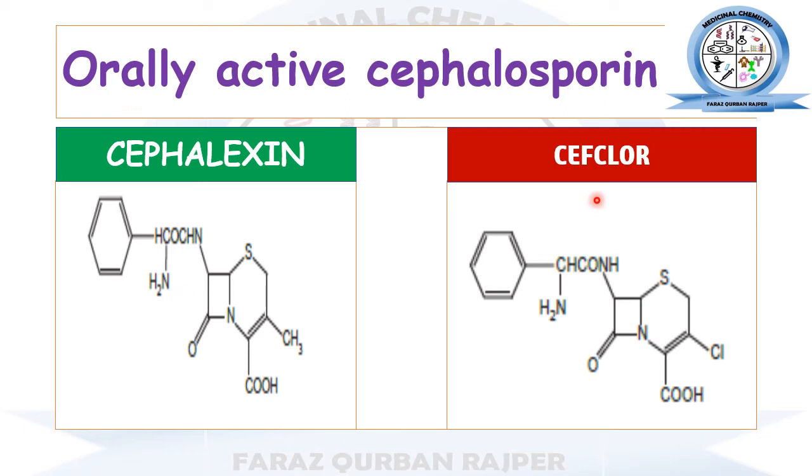Same in the case of cefaclor: we have chlorine in place of the acetoxy at position 3, and in the acylamino side chain we have this hydrophilic amino functional group. These two structures are only for your understanding, they are not included for exam purposes.